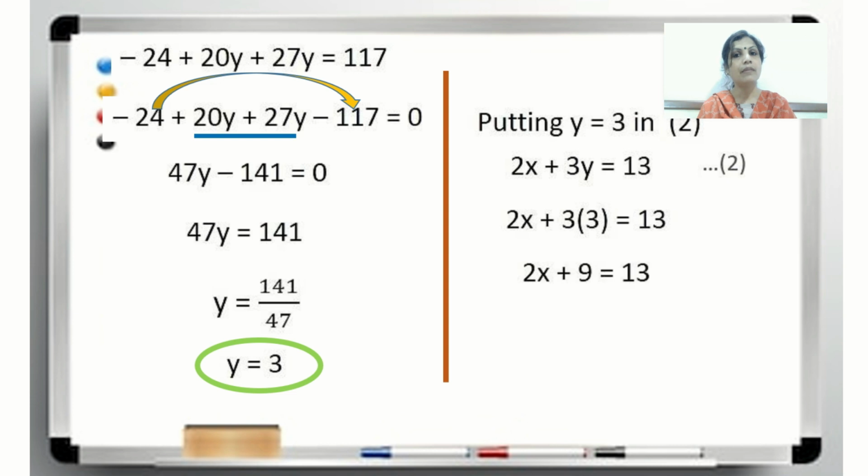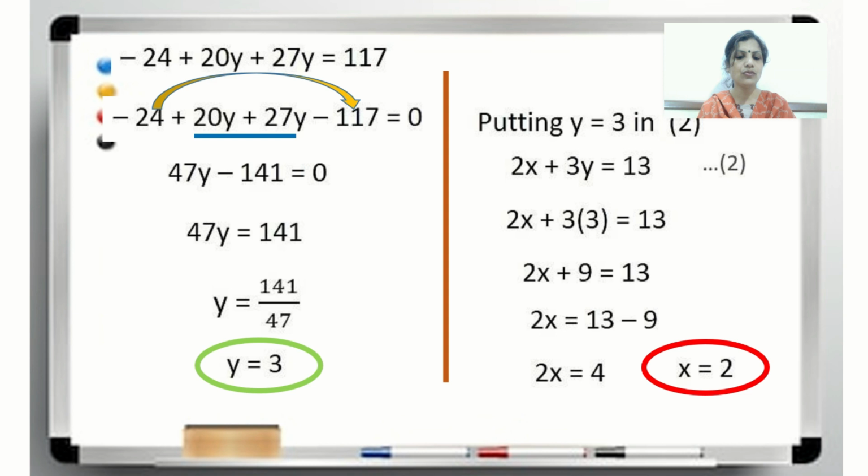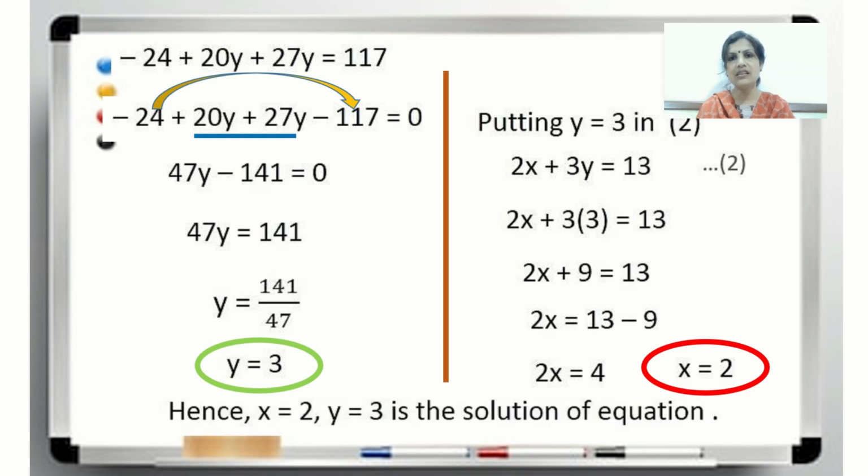So 2x plus 9 is equal to 13. So 2x is equal to 13 minus 9. 13 minus 9 is 4. 2x is equal to 4. So x is equal to 2. So x is equal to 2 and y is equal to 3 is the solution of the given simultaneous equations.